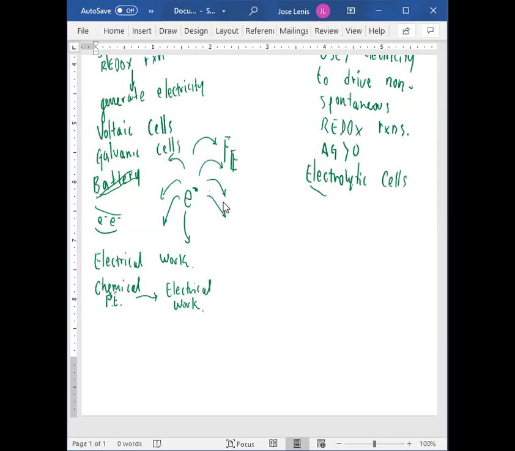And when we measure that electrical work per unit of charge, we define that as a voltage, or EMF, an electromotive force.